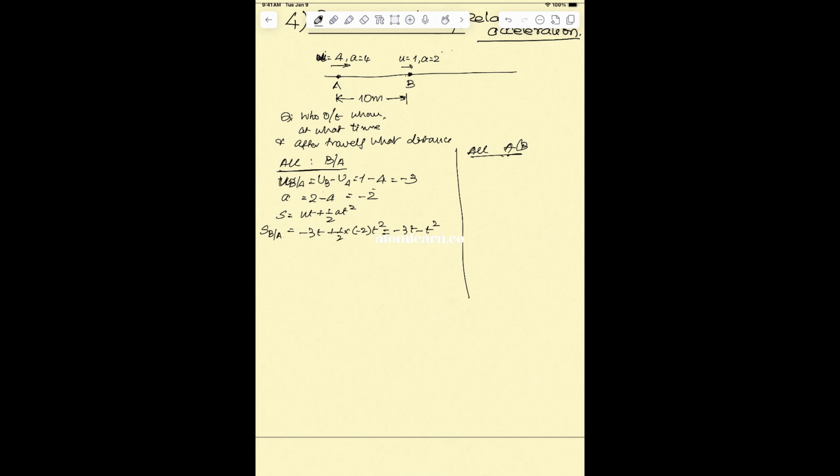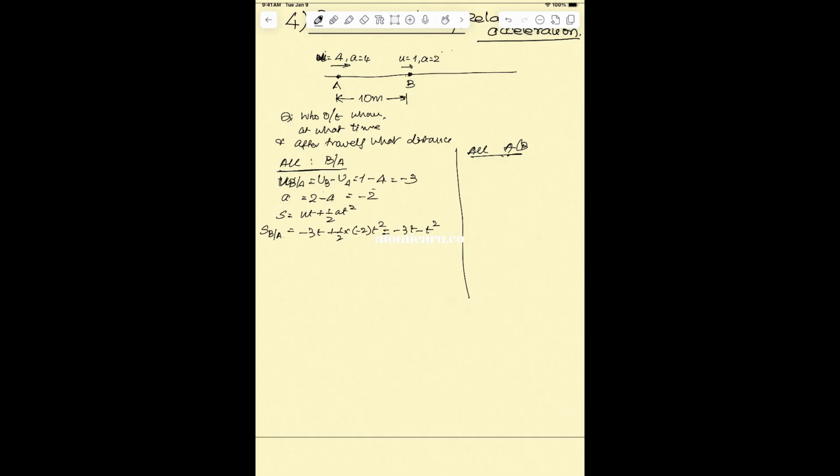Now if somebody has to overtake somebody, then the displacement of B, since we are keeping A at rest by means of the relative approach, should be negative, because we are taking forward as positive and backward as negative.